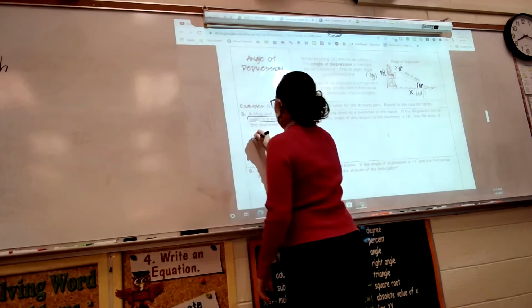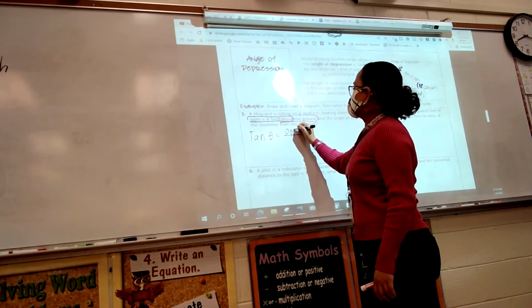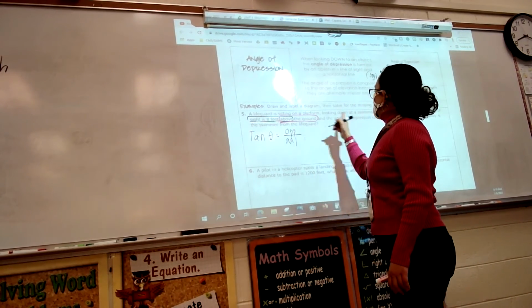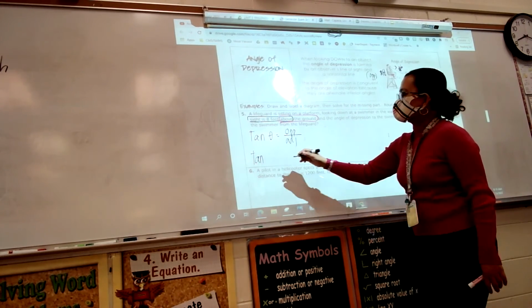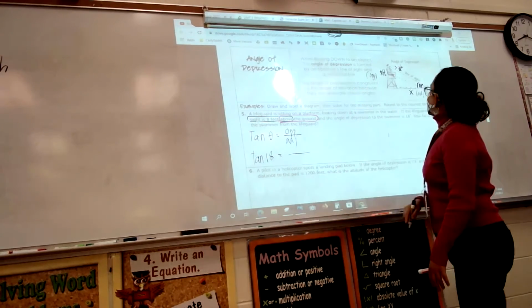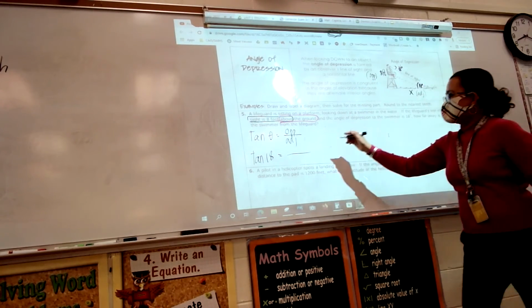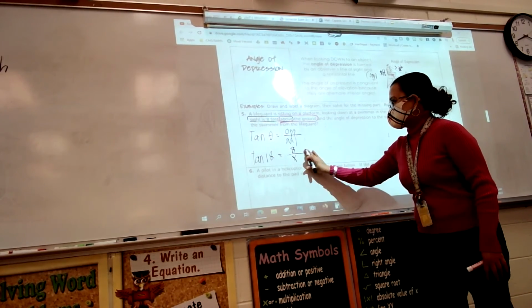So we will be using tan of theta equals opposite over adjacent. So tan of, what's the angle reference? 18. Equals opposite is 8 feet divided by adjacent is x.